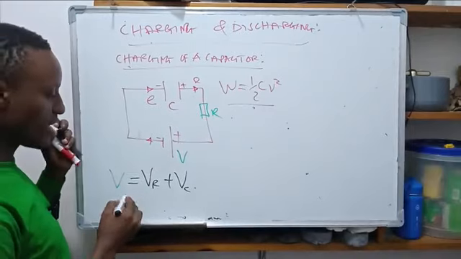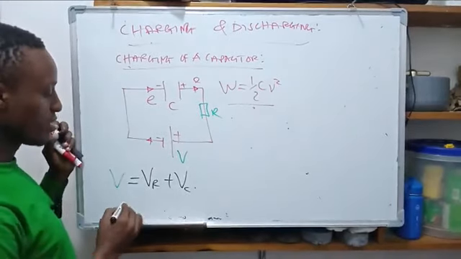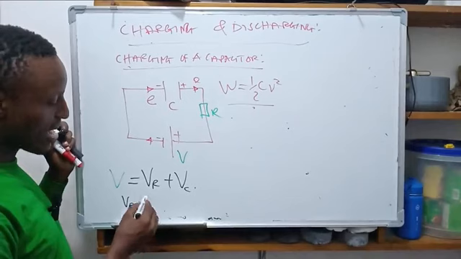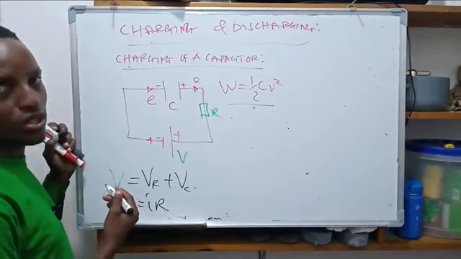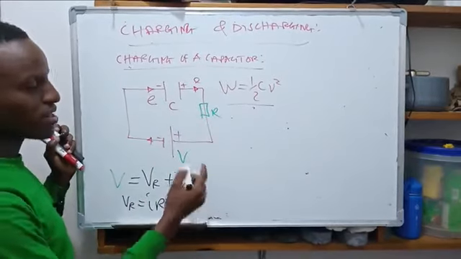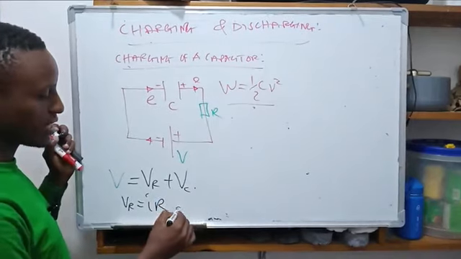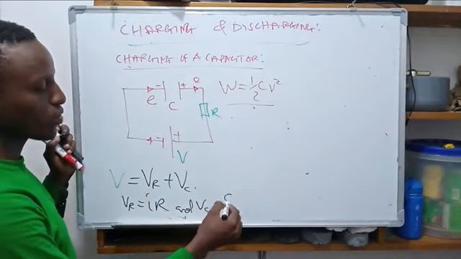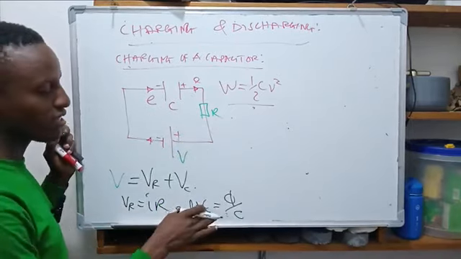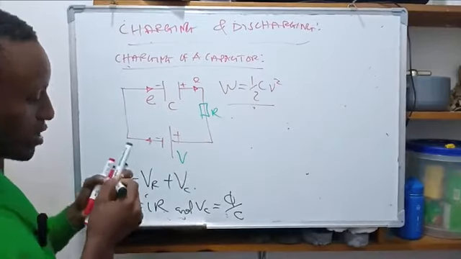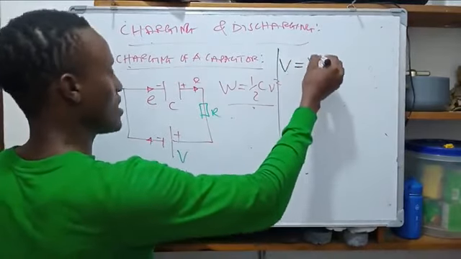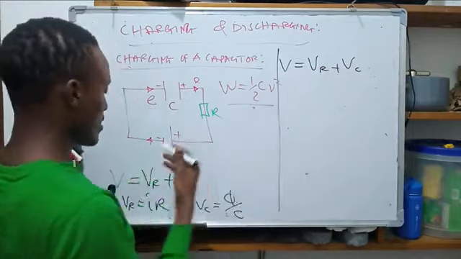Passing through the resistor, the current is always I R according to Ohm's law. But the voltage across the capacitor is the charge flowing across over its capacitance, which gives VC, the voltage across the capacitor. To get the total voltage V, we can say V is just equal to VR plus VC.